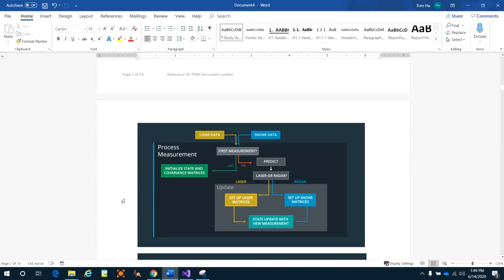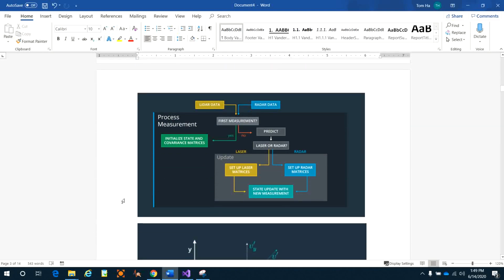In this topic, I also mention sensor fusion. Sensor fusion means you combine data from multiple sensors. For example, an autonomous vehicle uses lidar data and radar data.